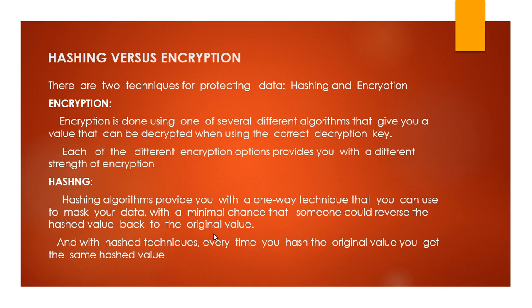With the help of the hashing technique, we can mask the data, and there is little chance of reversing the hash value to get back the original value. And with hashing techniques, every time you hash the original value, you get the same hashed value.